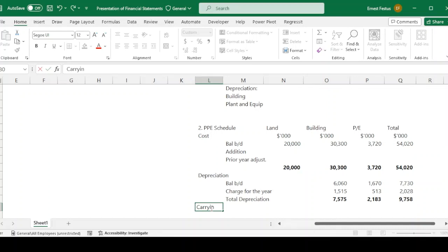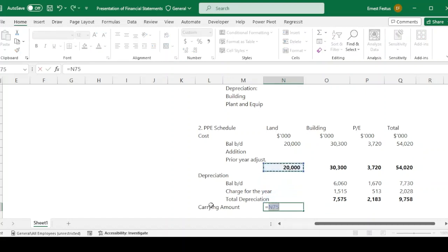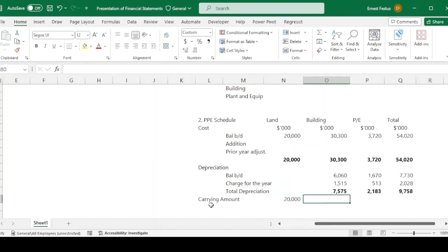The carrying amount is the difference between the cost and the total depreciation. So we have our carrying amount here. And for land, it is going to be the 20,000 we have here. And then for my building, it's going to be this 30,000 minus the total depreciation.